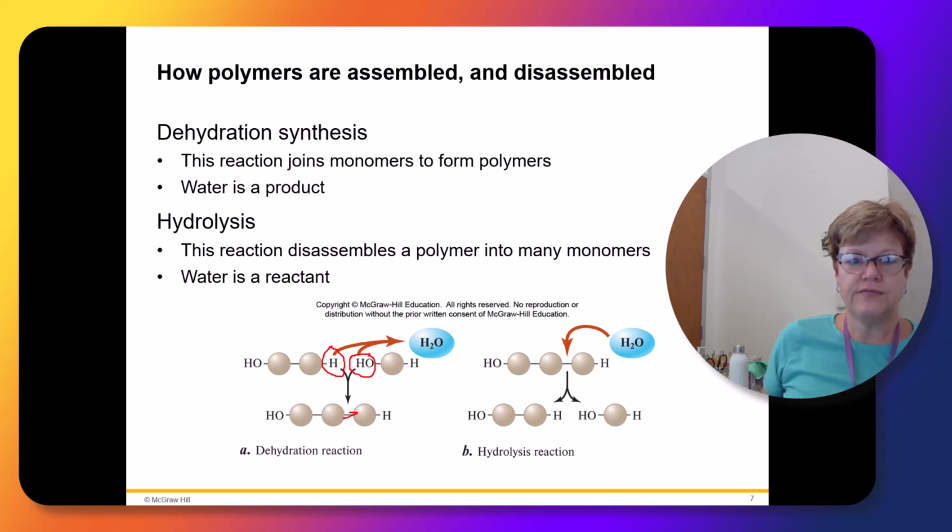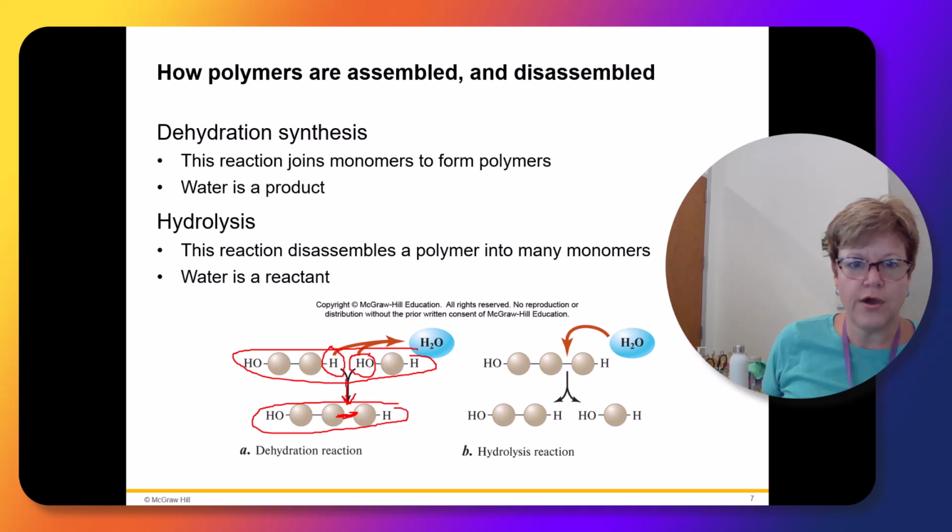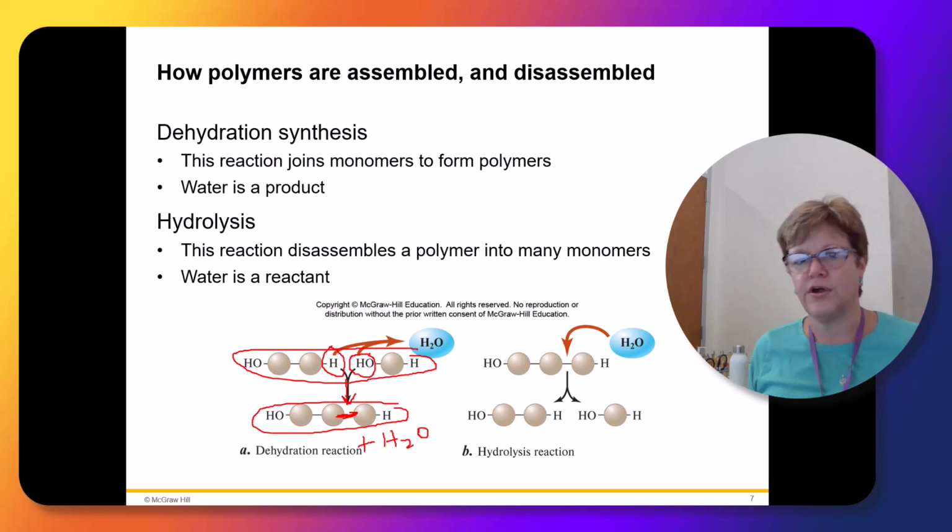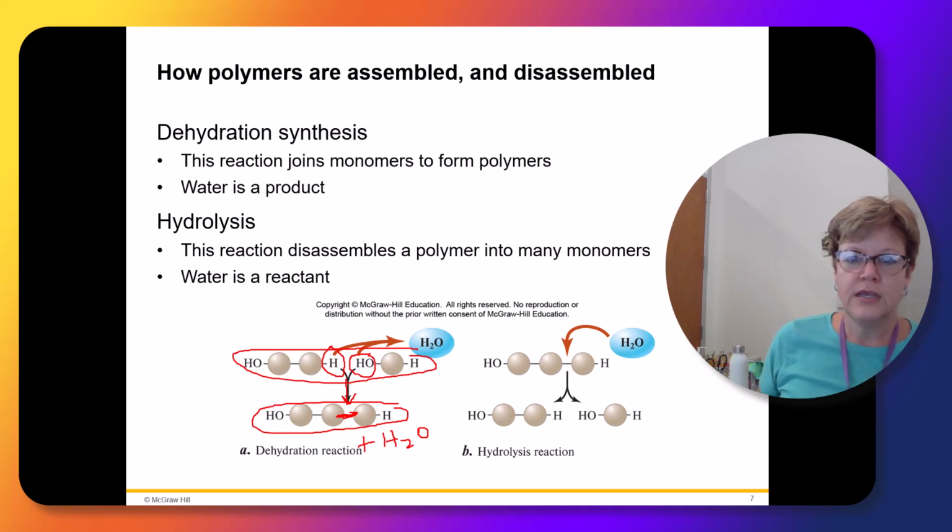So here you have a new bond. The thing I don't like about this is they actually have two arrows happening, and that's not a standard way to do this. What would be standard is we have the reactants here, one arrow, and then here are our products. So really the water should be shown on this side as a product. I don't really love the fact that they have a second arrow going off in a different direction.